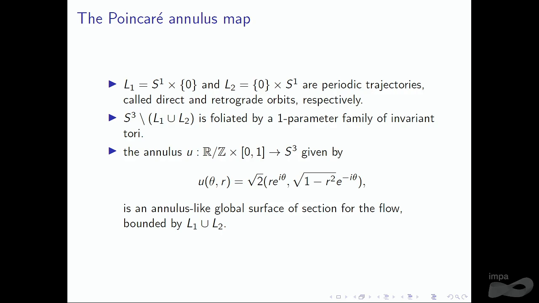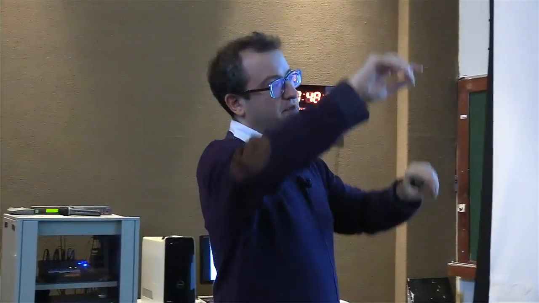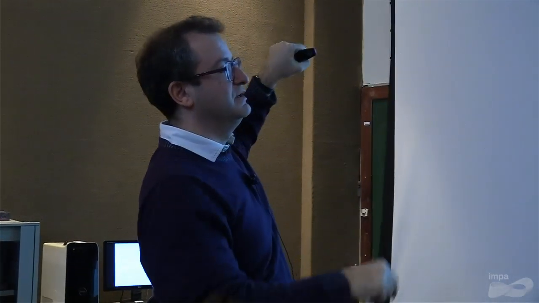The boundary is formed by the Hopf link, direct and retrograde orbit, and the interior is transverse to the flow. Because of this negative term here, the flow always rotates both complex planes in the positive direction, but the annulus in this parameterization moves the second factor in the negative direction.